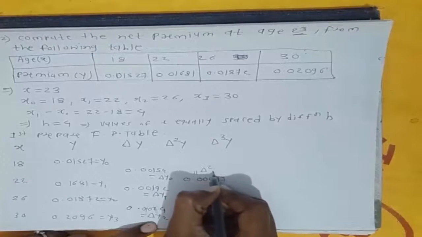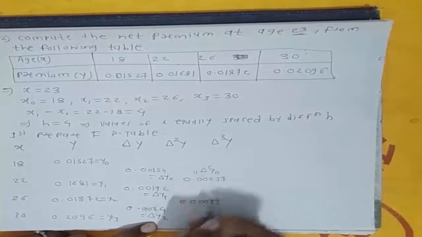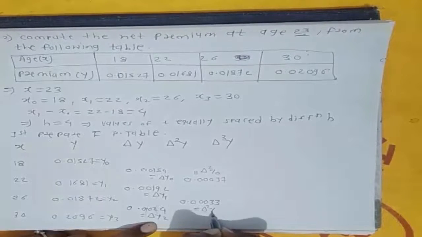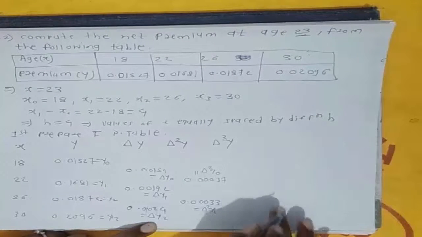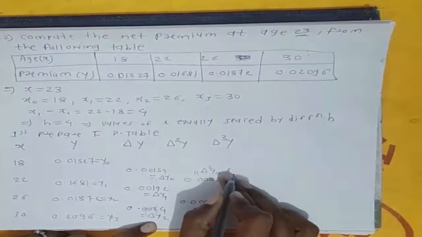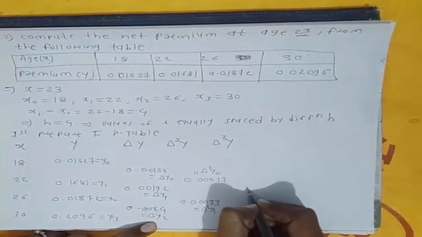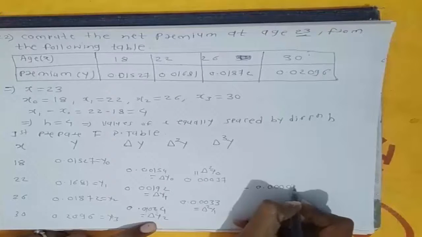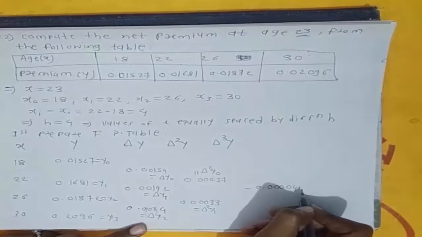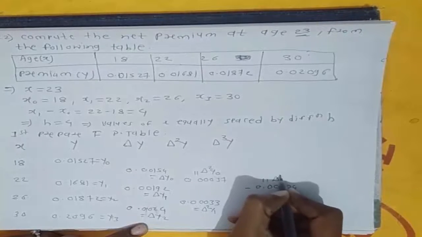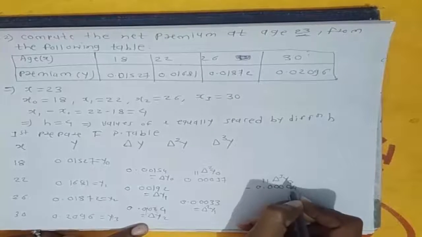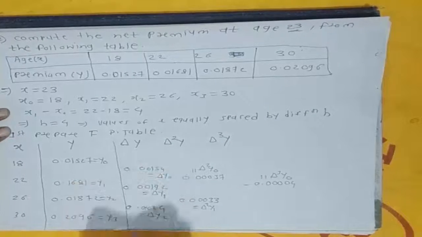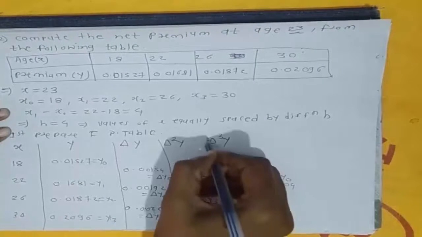That is delta square y0, and the other value is delta square y1. Again, delta square y1 minus delta square y0 gives minus 0.00004. This is the delta cube of y0. So these are the forward differences for the given data.